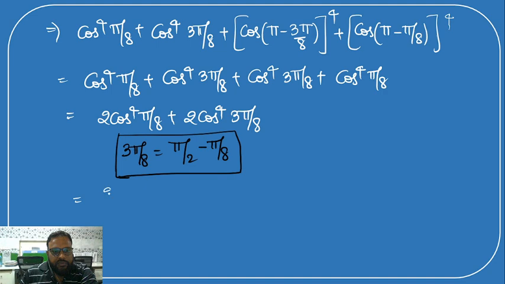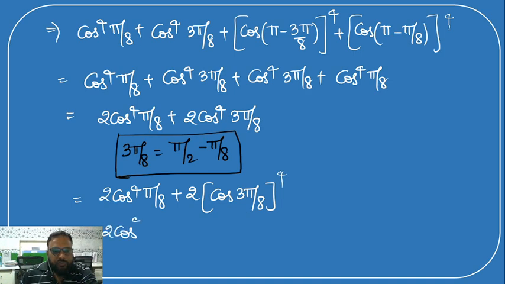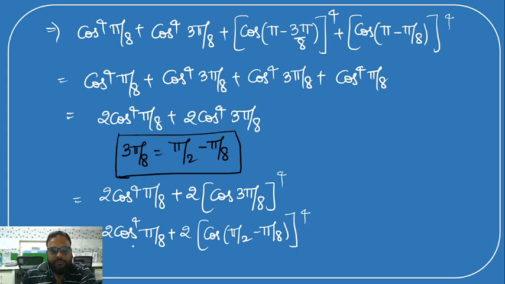So this becomes 2 cos to the power of 4 pi by 8 plus 2, here I will write this as cos 3 pi by 8 to the power of 4. Next step, this will be 2 cos to the power of 4 pi by 8 plus 2 cos pi by 2 minus pi by 8 whole to the power of 4.